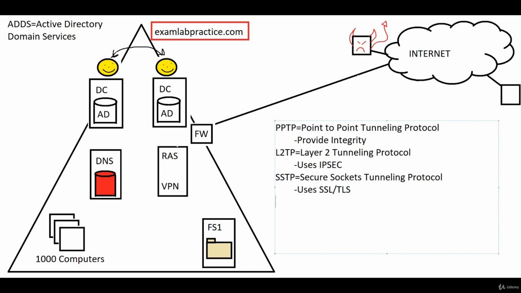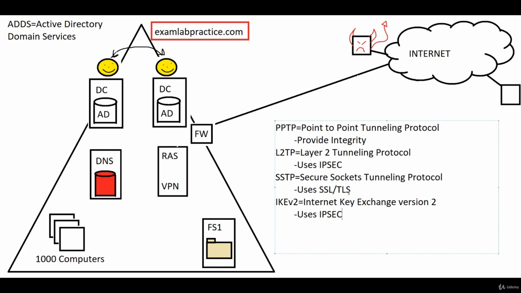But in the year 2010, when Windows 7 came out, Microsoft also released another VPN protocol called IKEv2, which stands for Internet Key Exchange version 2. Okay, basically it uses IPsec, Internet Protocol Security, and it provides all the encryption and authentication and integrity.